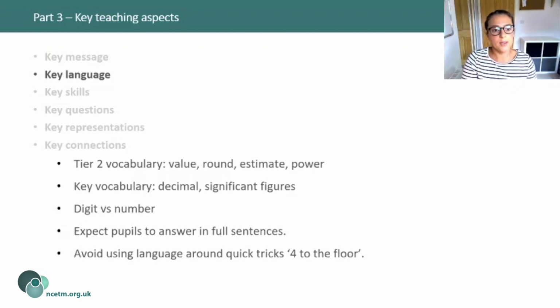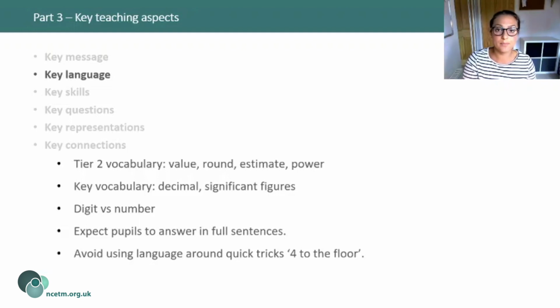So one of those things is language and being able to use language really consistently. In my school at the moment, we have to be really clear about the Tier 2 vocabulary that we're using in lessons. So some of those common words, value, round, estimate and power, that pupils hear in everyday speech, but also have a subject specific definition and a meaning within the subject that we're talking about.